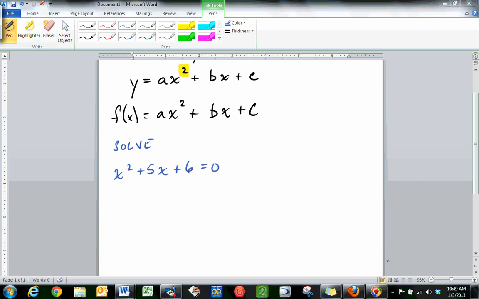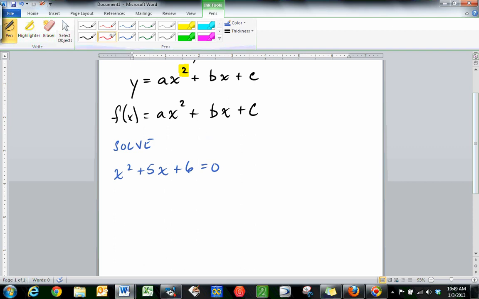Now, what we're looking at here is a quadratic equation, and if you recognize in there x squared plus 5x plus 6, we have it equaling 0. So instead of a y for a quadratic function, we now have a value.